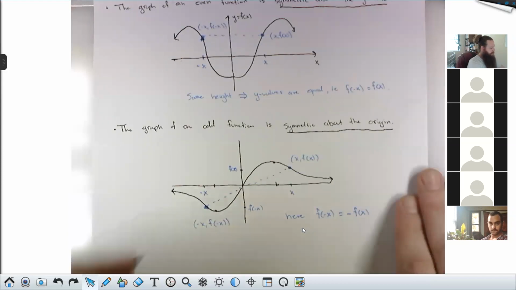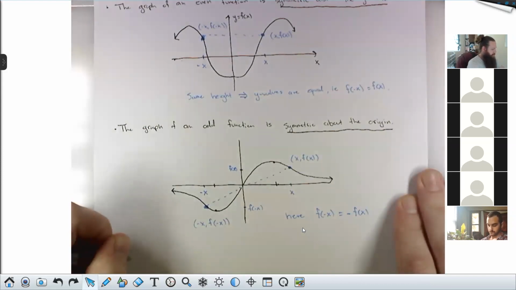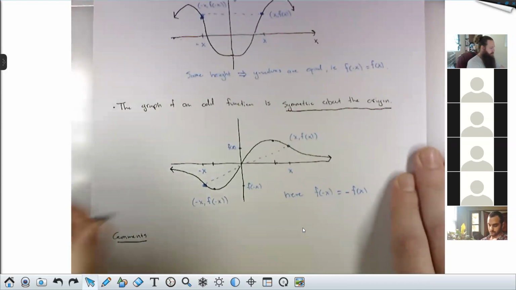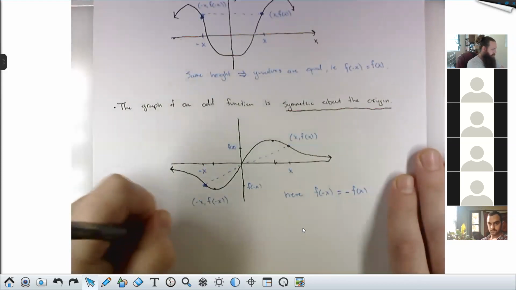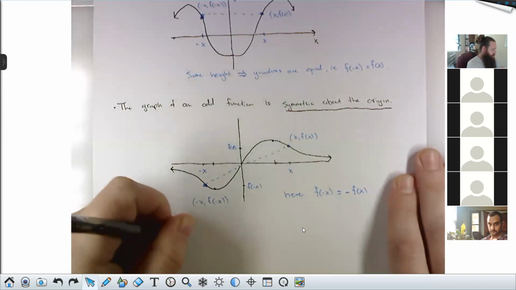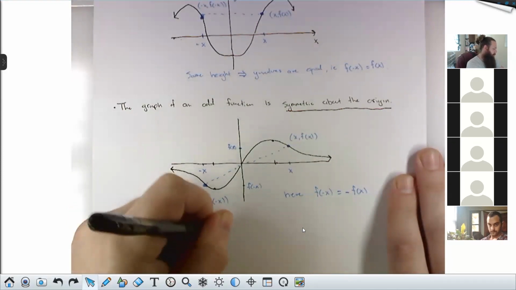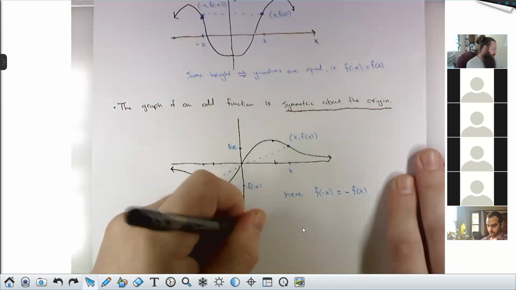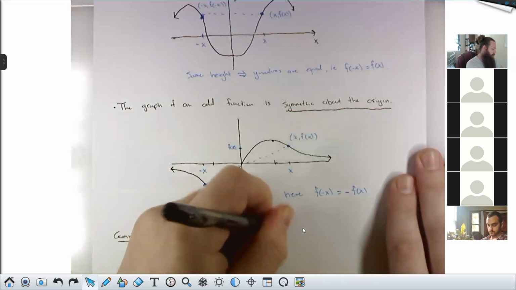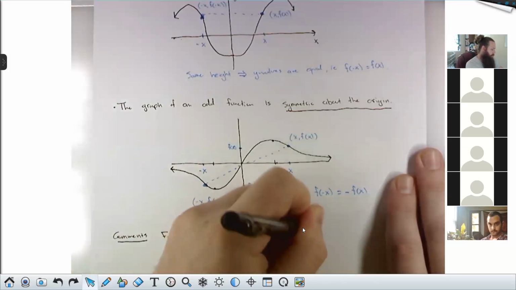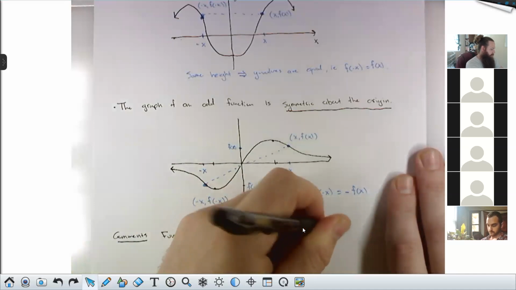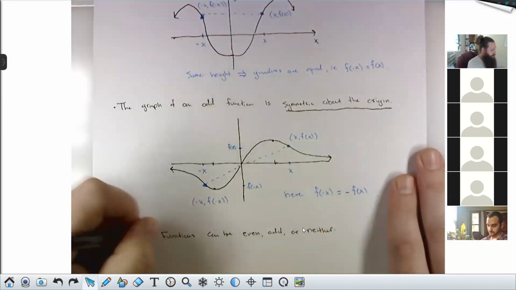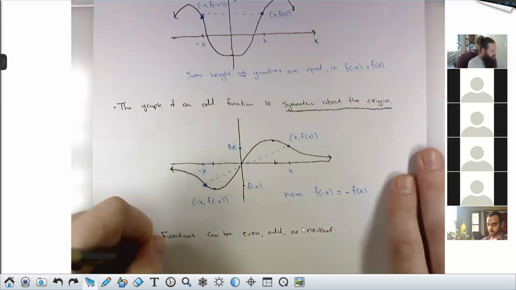So some comments. Not every function is even or odd. Functions can be even, odd, or neither. That's one comment. Another comment.